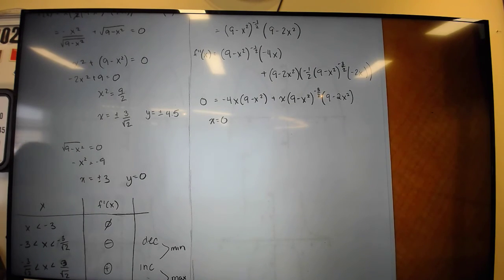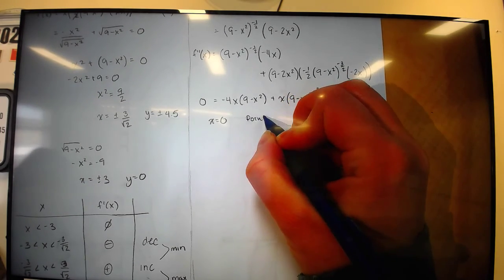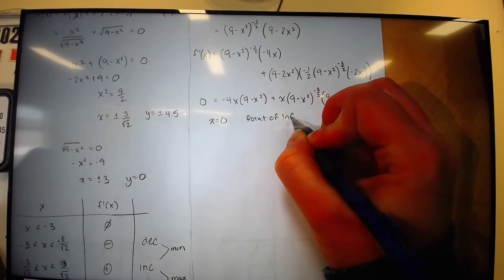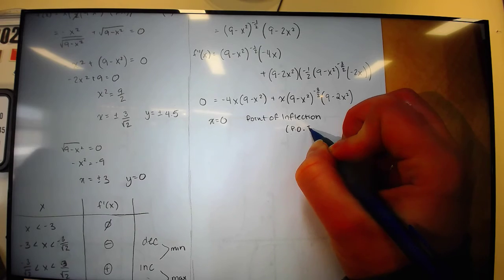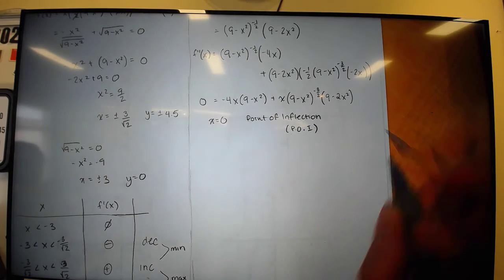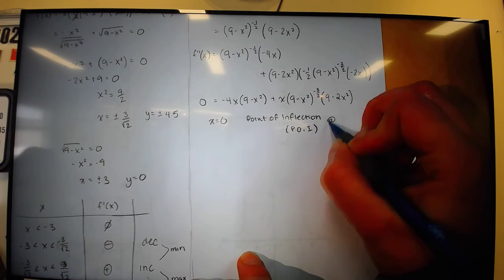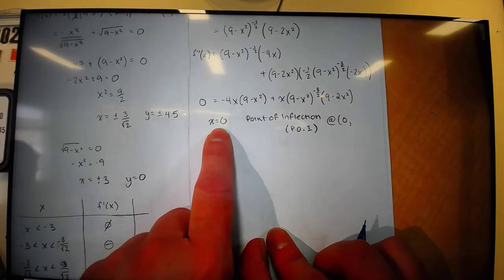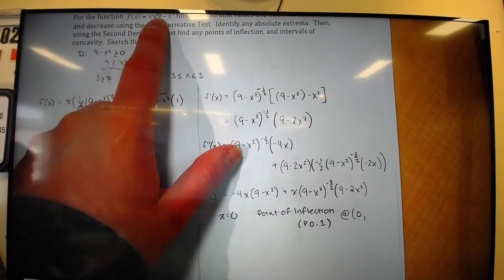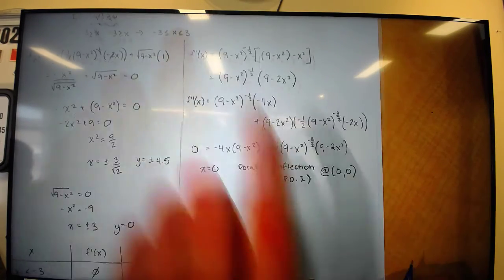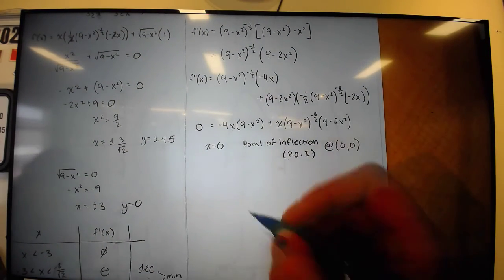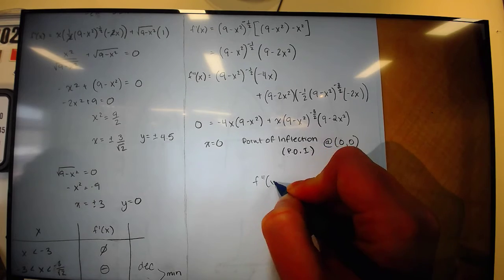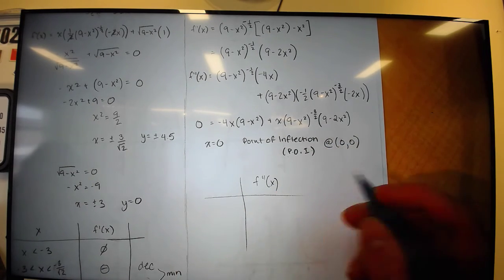Okay, so then we know that our point of inflection, which sometimes we call a POI instead of POD like we did in Math 30, is at 0, and then if we plug in x equals 0 back into here, we're going to get the y coordinate is also 0. Okay, so then we can figure out which side's concave up, which side's concave down.